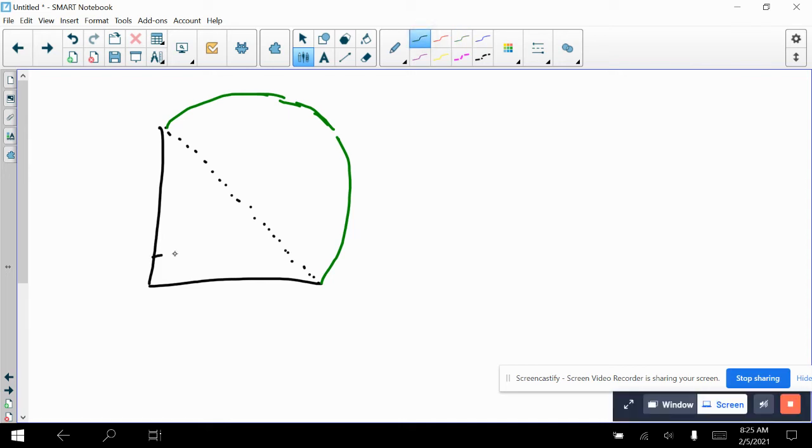Okay, so we have a right angle. We have the height is 8 feet. The base is 6 feet. And the hypotenuse is 10 feet.